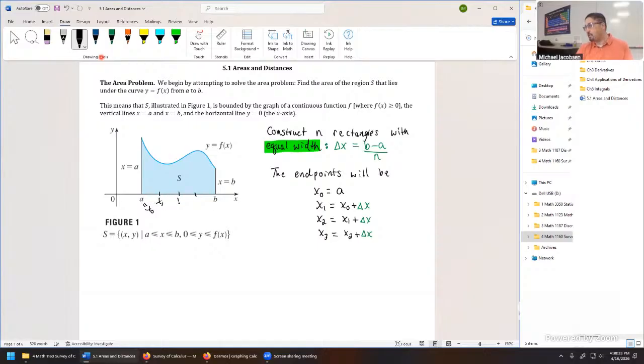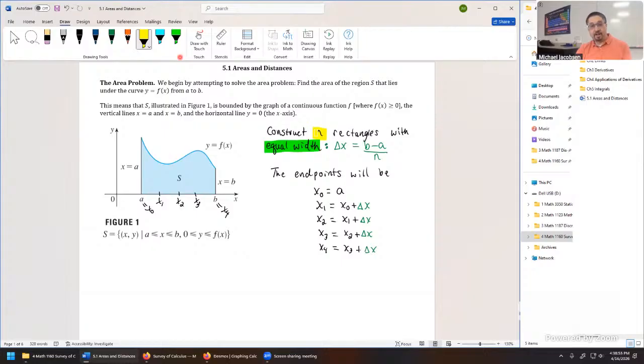So here's x1, x2, x3, and if we add delta x again, for this diagram, we're going to end up on b. So here's x4, the prior endpoint plus delta x one more time.